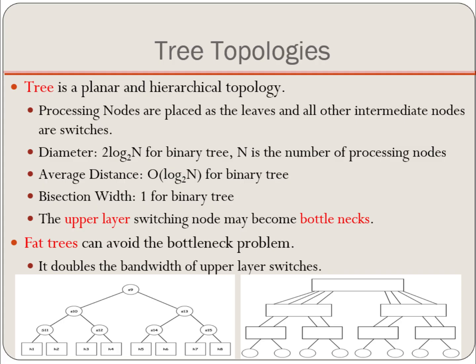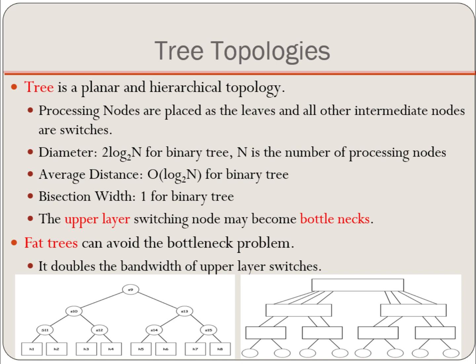So the bisection width is 1. That means with only 1 single link failure, it's possible the system becomes 2 disjoint parts, and they cannot communicate with each other. So the fault tolerance of this kind of mechanism usually will be a concern for the design.